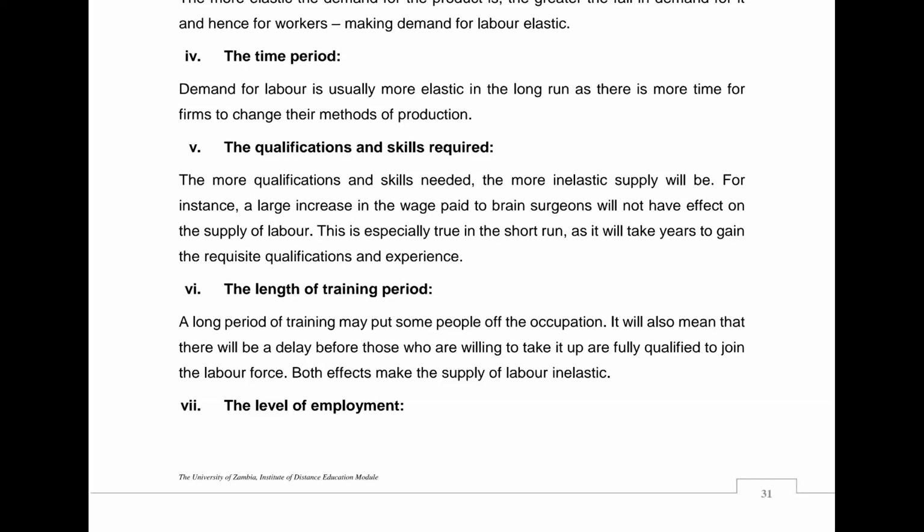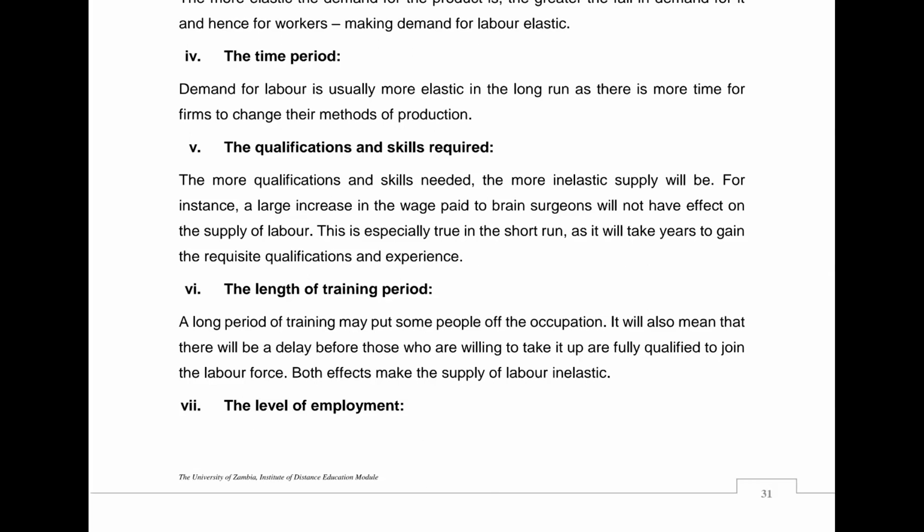This is especially true in the short run, as it will take years to gain the requisite qualifications and experience. So it's about how qualified the people are that you want. If you want a lot of highly qualified people, then the demand for that labor will really be inelastic.